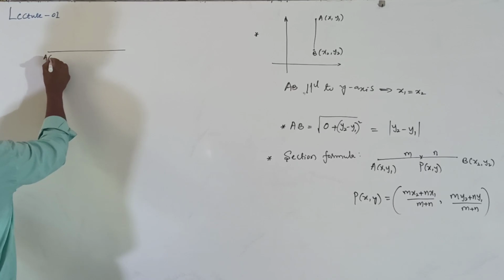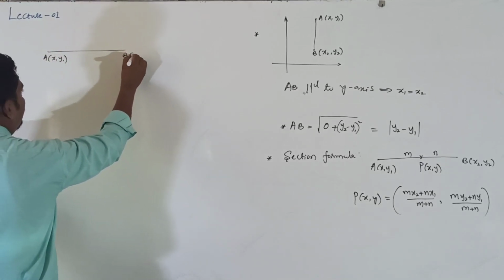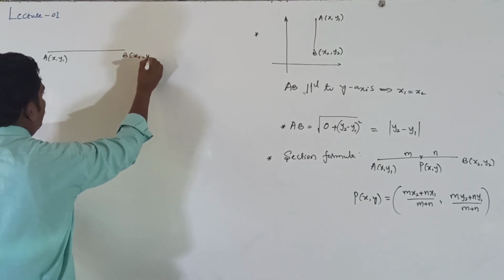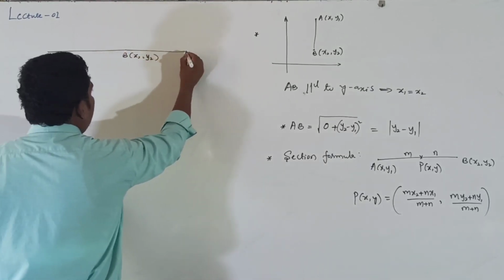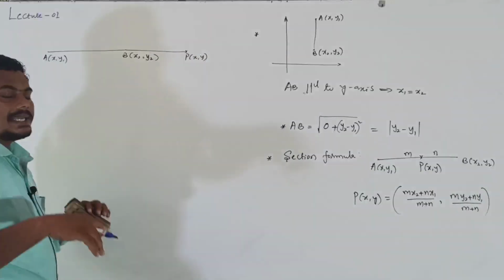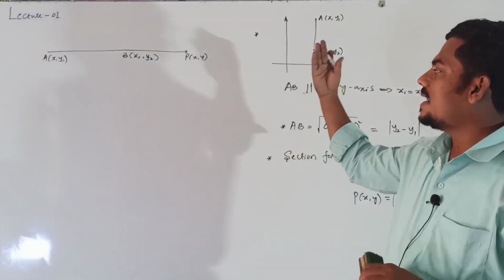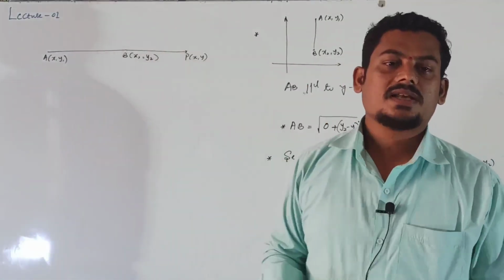When A of x1 comma y1, B of x2 comma y2, suppose our point P lies outside AB. If it lies inside AB, then it is internal division. Suppose the point lies outside AB, then it is external division.